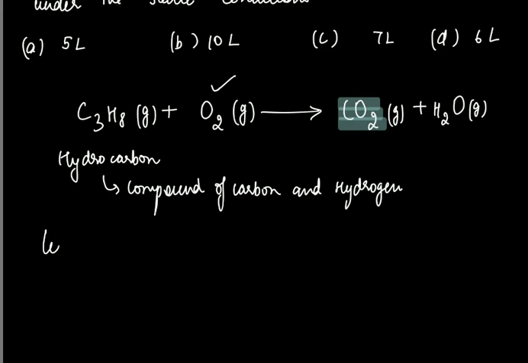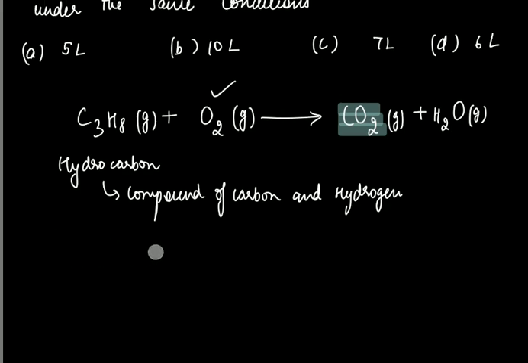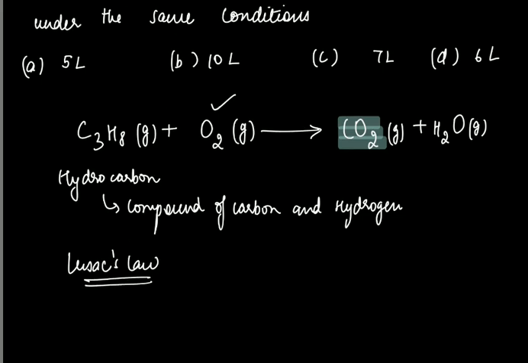This is something called Gay-Lussac's law. According to this law, if we have an equation where the reactants and the products are in the gaseous form, then the stoichiometric coefficients, the numbers that we use to balance the equation, can be taken as a simple whole number volume ratio.